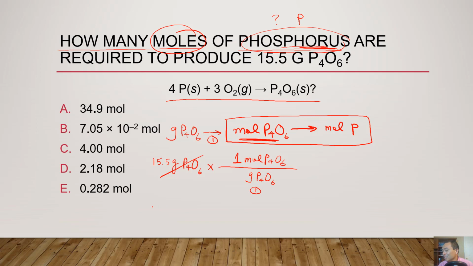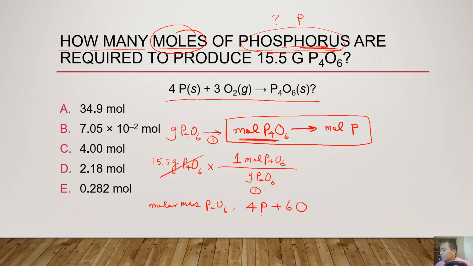So what is the molar mass for P4O6? So basically that's 4 phosphorus plus 6 oxygen. Let's calculate that.